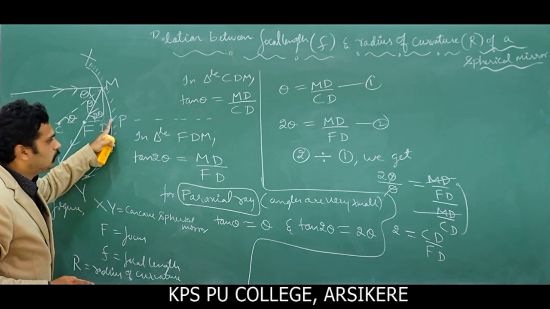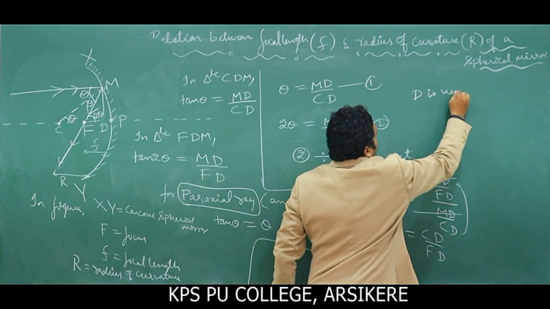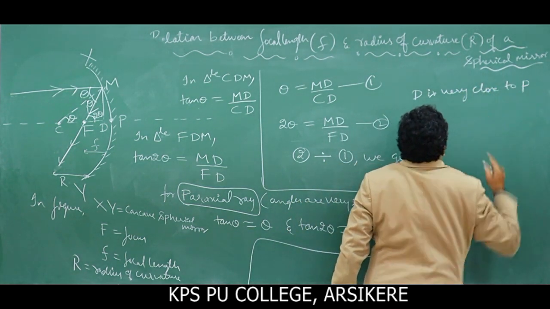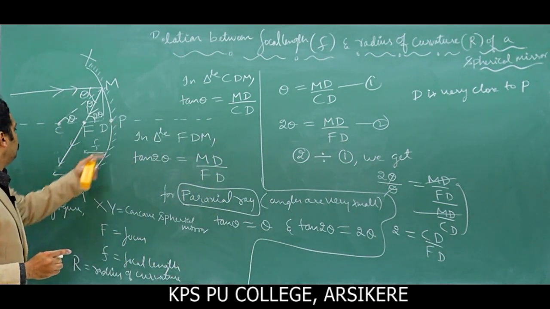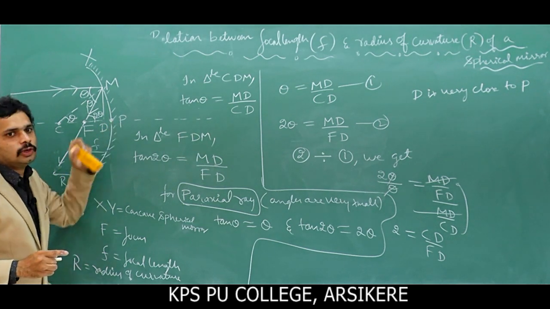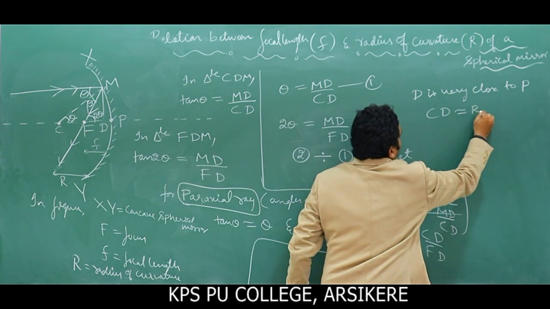Therefore, D is very close to P. Now we know that CP means R, but D is very close to P. Therefore, CD is R. What is R?